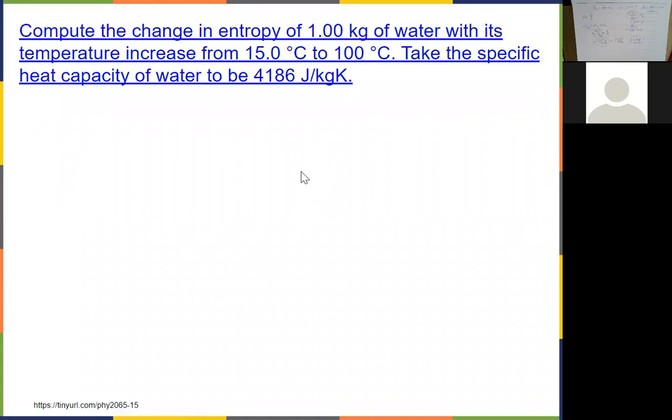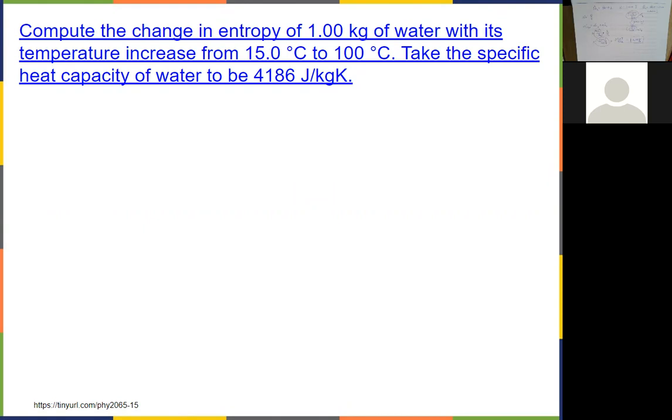Okay. We'll take a look at a second one here on the entropy change. So this one says compute the change in entropy of 1 kilogram of water with its temperature increasing from 15 degrees Celsius to 100 degrees Celsius.